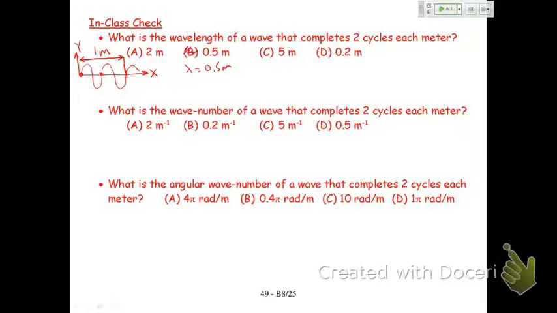Or alternatively, I know this is uncomfortable, but you can say, I want to know lambda, and I know that 2 cycles per meter is the wave number, and I know that wavelength is equal to 1 over the wave number.